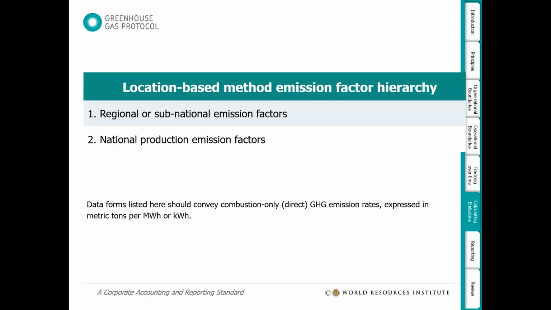Okay. There is an accuracy hierarchy for grid average emission factors. Regional or subnational emission factors tend to be more accurate than national emission factors. Multinational or regional emission factors do exist, including for the Nordic region as a whole.